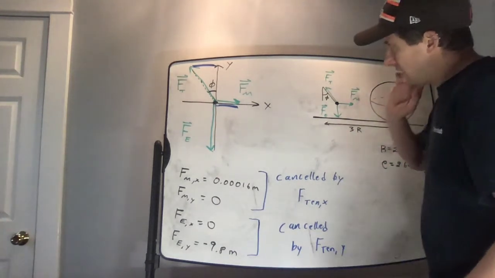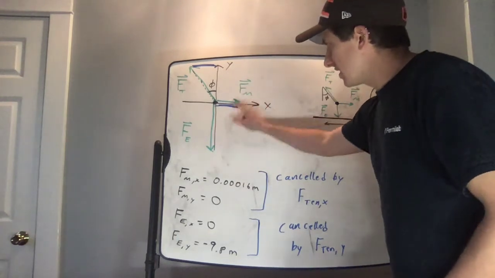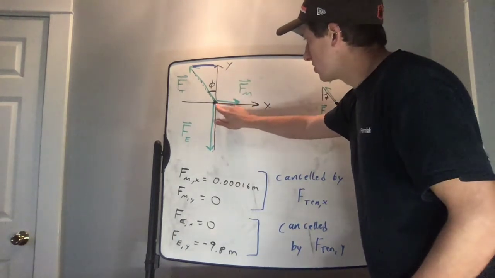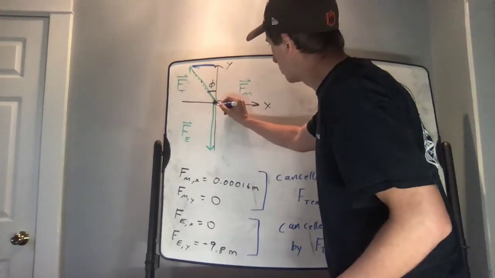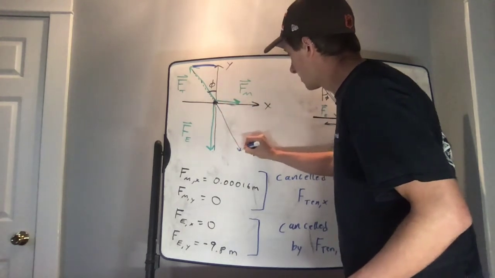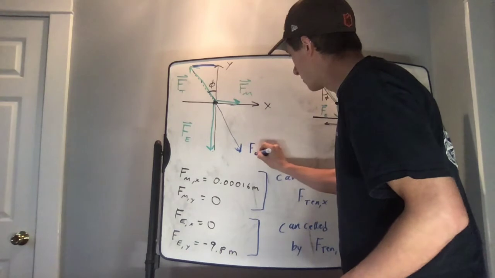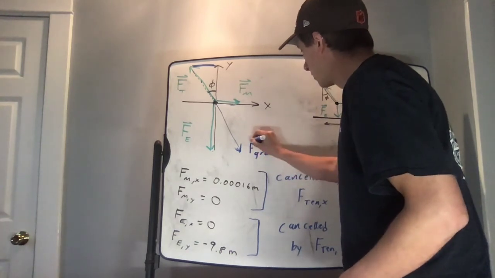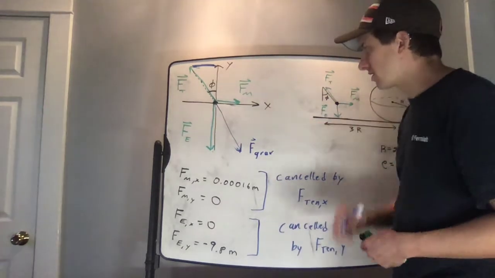And so if I imagine that I am adding these two vectors together, these two forces of gravity, I could say the total force of gravity is going to be something like this. So this is the total force of gravity, the force of gravity due to both the mountain and the Earth.